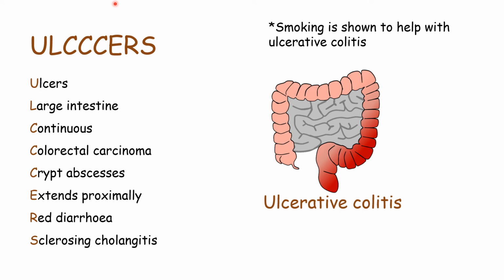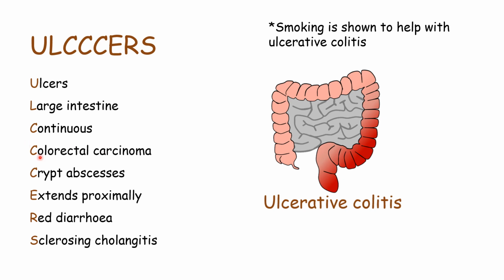So just as a quick revision of what we talked about in ulcerative colitis, try to remember just ulcers with 3 C's. U standing for ulcers, L standing for large intestine, so the disease only affects the large intestine when it comes to the GI tract. C meaning continuous, so we have a continuous lesion.